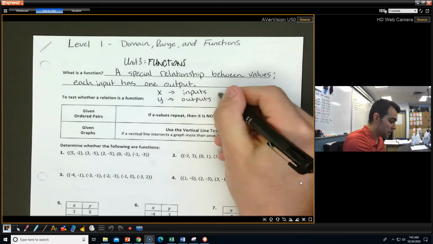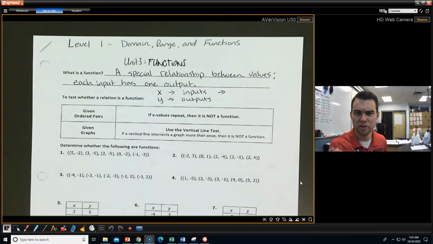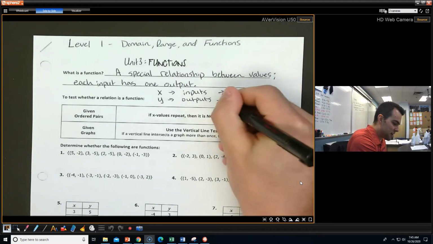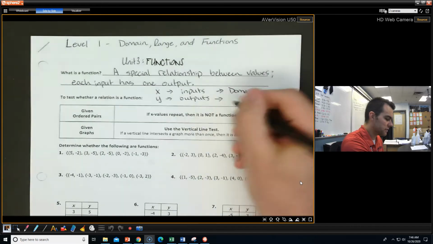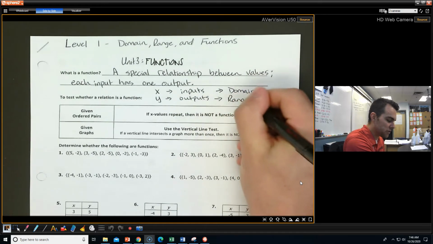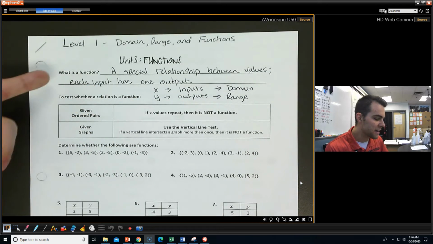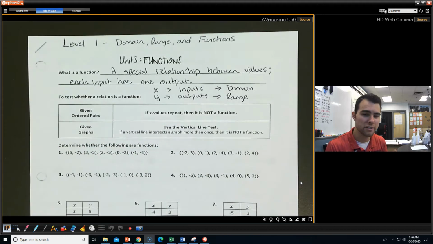An input, or an x value, is also known as your domain. And your outputs are known as your range. We'll call those range values, right? So domain, range, that's all it is. And look, we just defined what functions, domain, and range are.